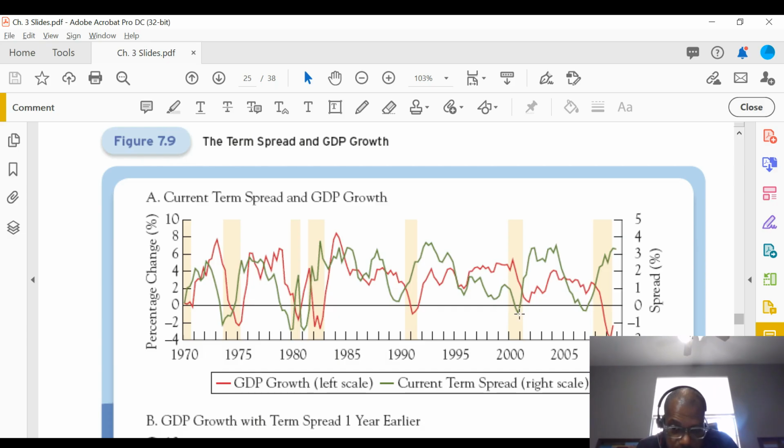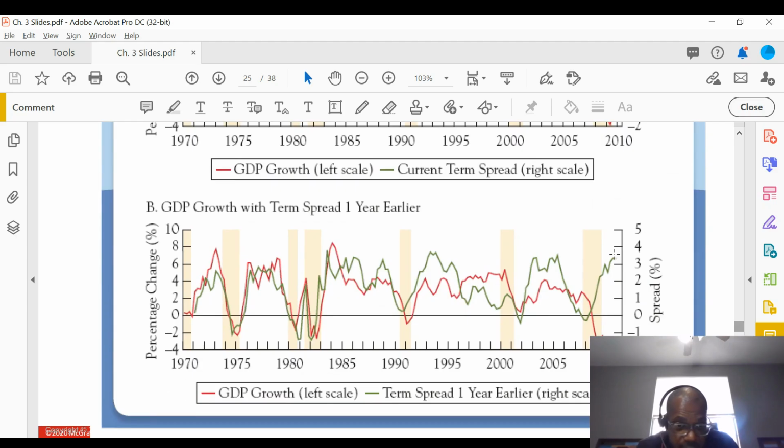This is not quite 9/11, but this is 9/11 right here. We were already in recession, right? An inversion in 2007, I believe, and then we had another recession, okay? The point here is, and if I look down the graph, is that what these two graphs do is the bottom graph basically slides GDP growth, it slides the yield term 1 year forward, right?